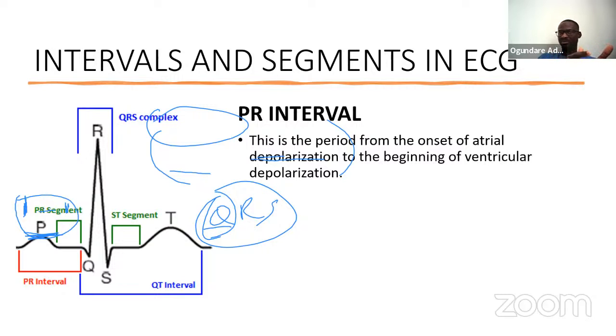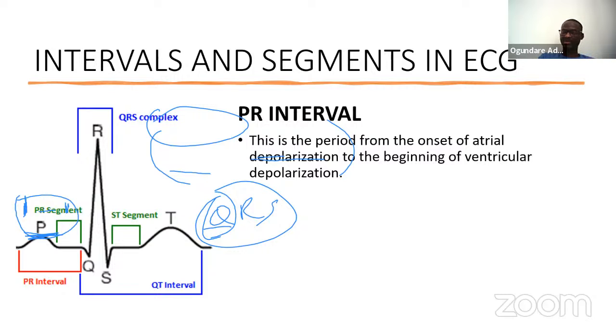Maybe in the case of Wolff-Parkinson-White syndrome, where you have a delta wave. Or if the PR interval is longer, that means the delay is longer, and that's diagnostic of heart block. If you are hearing first degree, second degree, or third degree heart block, or type 1 or type 2, this is the primary physiology of heart block.